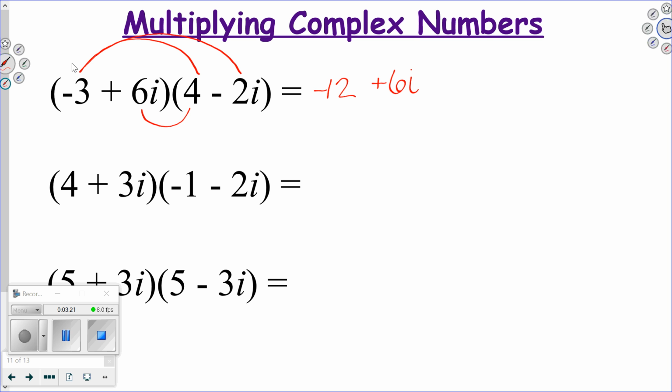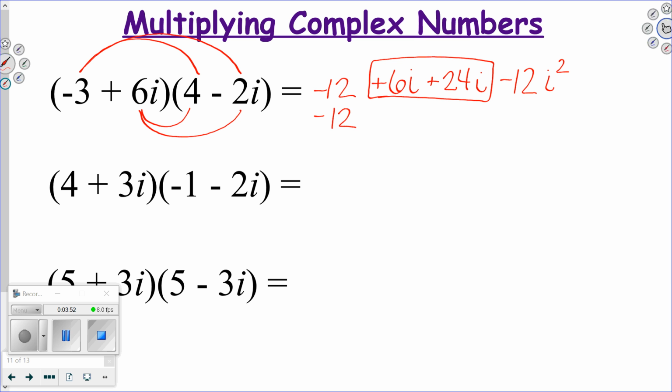And then distribute this way. 6i times 4 is 24i. 6i times -2i is -12, and then i squared. The mistake students make a lot of times is they forget to write i squared, and they write just i. And then they don't switch a sign, and then they put like terms together that shouldn't go together, and it becomes a mess. Right? So I do have like terms in here.